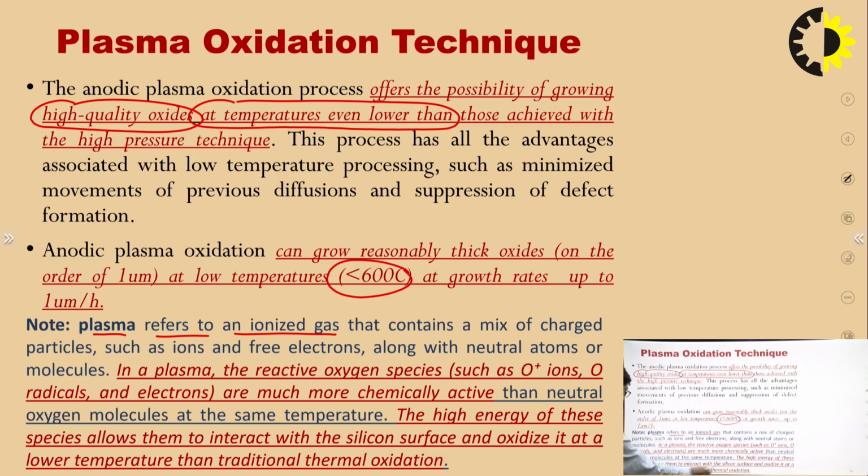The high energy of these species allows them to interact with the silicon surface and oxidize it at a lower temperature than traditional thermal oxidation. So, a lower temperature is used for oxidation because of the high energy of these ionized plasma species.